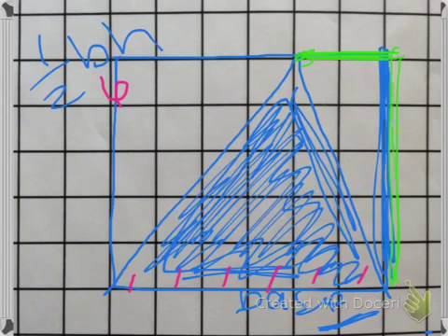Okay? So what we've actually done is created an extension of sorts to just visually find how high the triangle is. So then we count those units, how high it goes up. 1, 2, 3, 4, 5. So the height is 5.